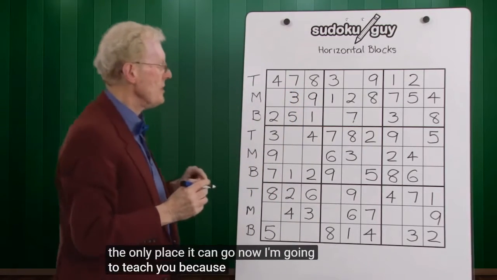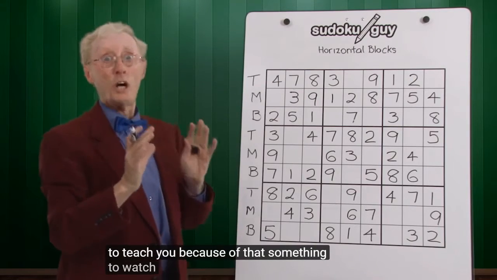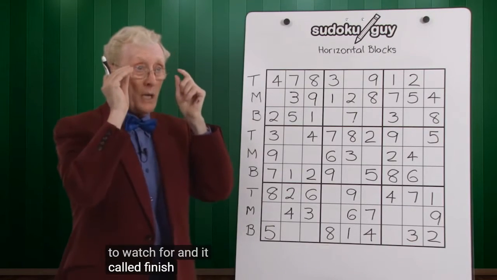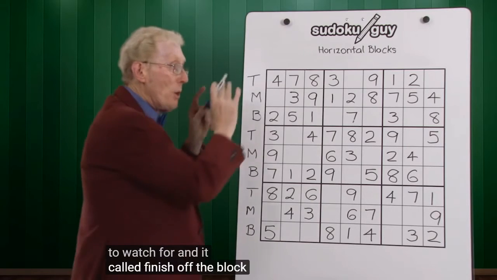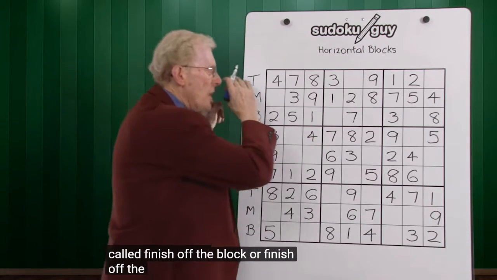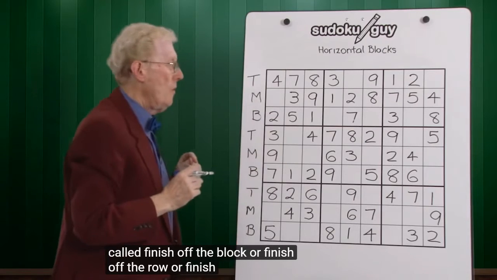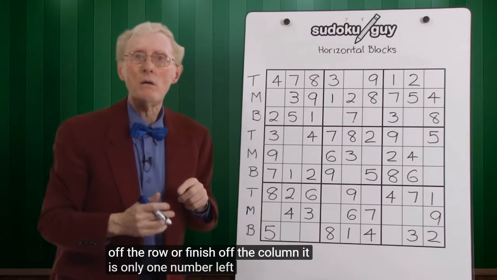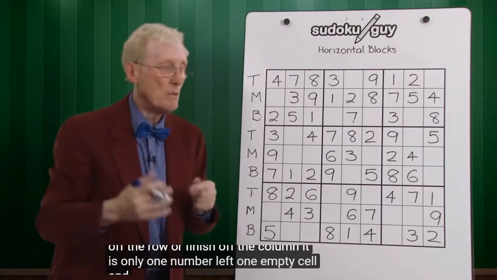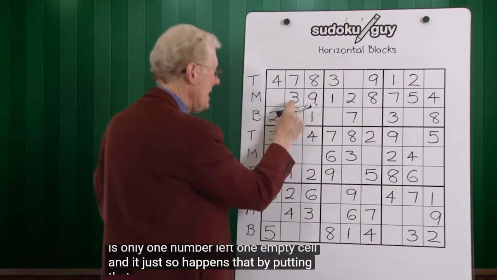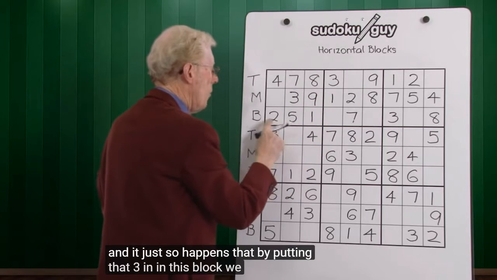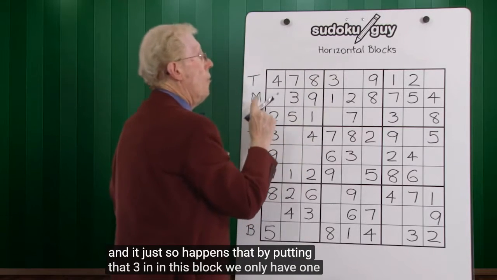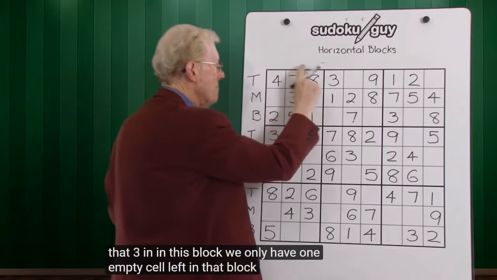Now I'm going to teach you something to watch for. It's called finish off the block, or finish off the row, or finish off the column, if there's only 1 number left, 1 empty cell. It just so happens that by putting that 3 in this block, we only have 1 empty cell left in that block.